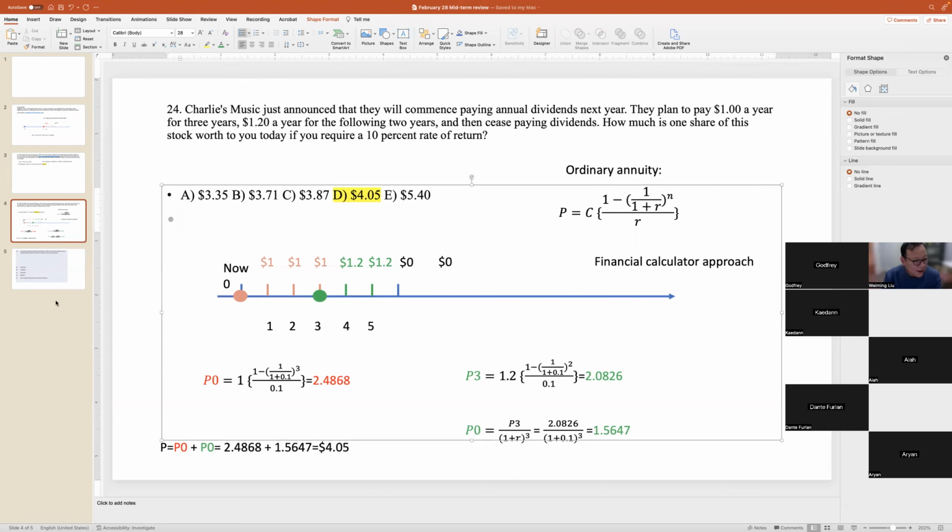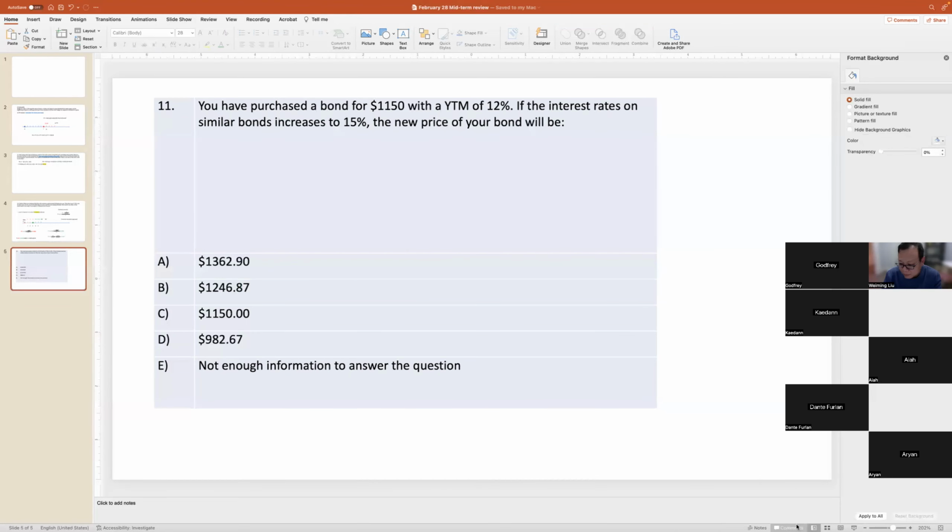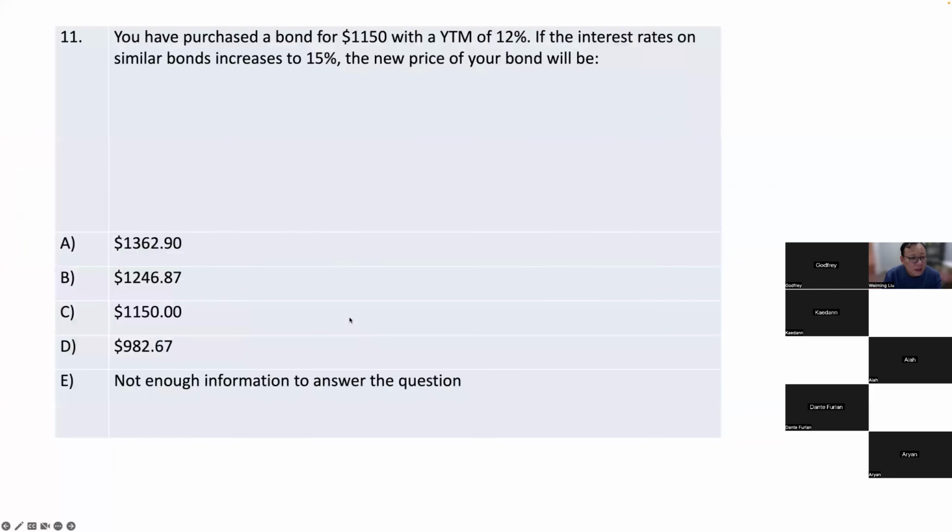Next one. This is question 11 in that review exercise practice question document.